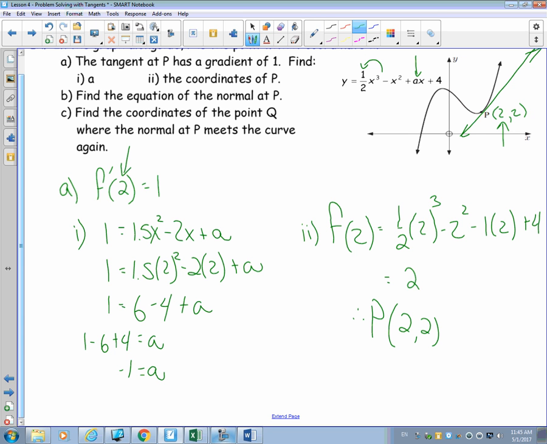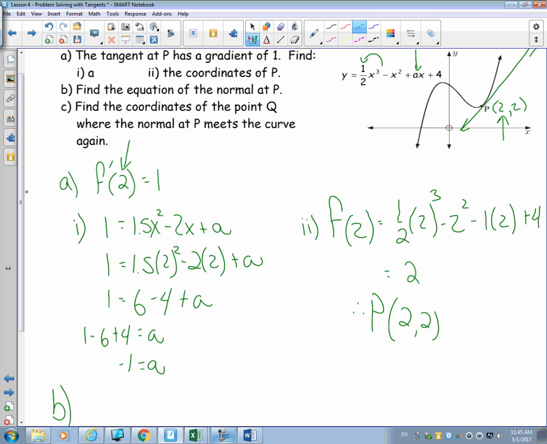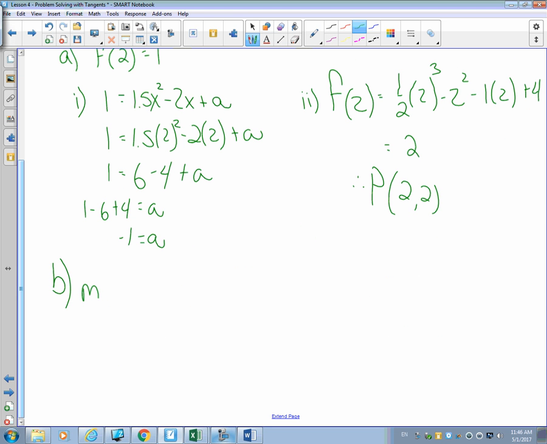Find the equation of the normal. Oh, okay. We know things about normals. We know that normals are perpendicular right through there, right? Or roughly about that. They're perpendicular to tangents. Our tangent has a gradient of 1. Well, what's perpendicular to 1? If I flip it over, I get 1 over 1, and if I change my sign, I get -1.